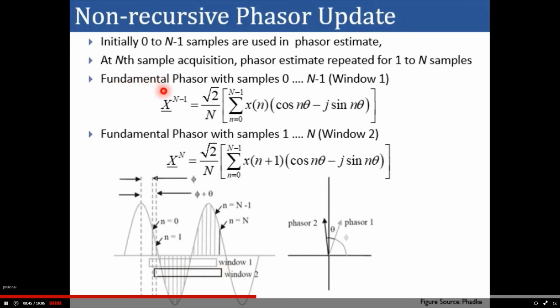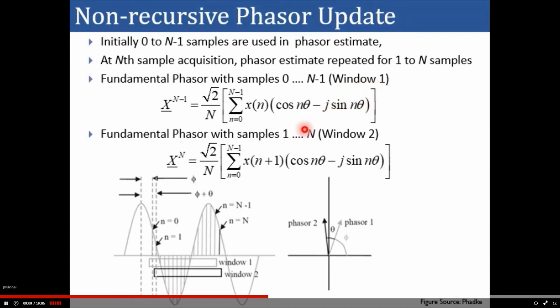Now the fundamental phasor for 0 to capital N minus 1, that is window 1, will be given as X_{N-1}, and we can represent it as equal to root 2 by capital N, sigma n equal to 0 to capital N minus 1, x_n (cos n theta minus j sin n theta).